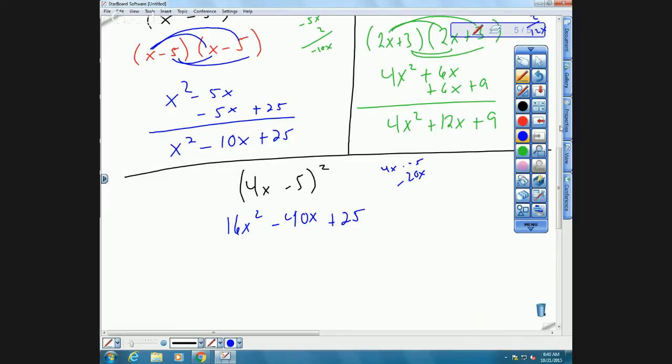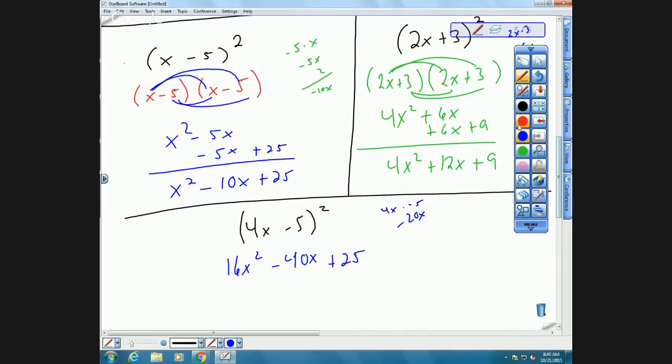The one thing we'll focus on when we get to factoring is that since this is a negative right here, my middle term is going to be a negative. Since this one's a positive, my middle term is a positive. The last one's always positive because if I square -5, -5 times -5 is positive 25.